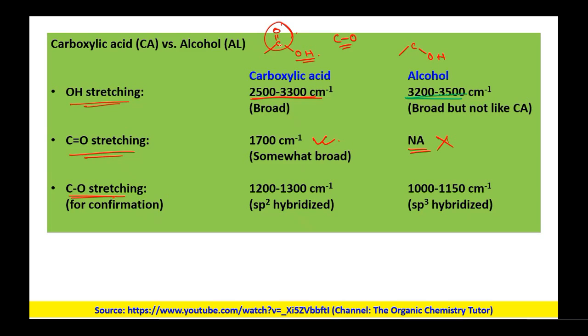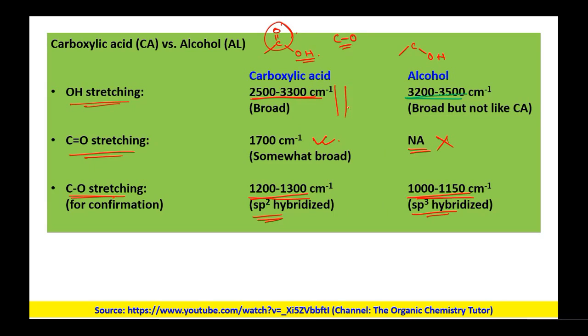Herein, the carbon is connected to double bond O, so you will be getting the sp2 hybridized stretching in the region of 1200 to 1300, whereas in this case it is the sp3 hybridized carbon, so you will be having this CO stretching in the region of 1000 to 1150.